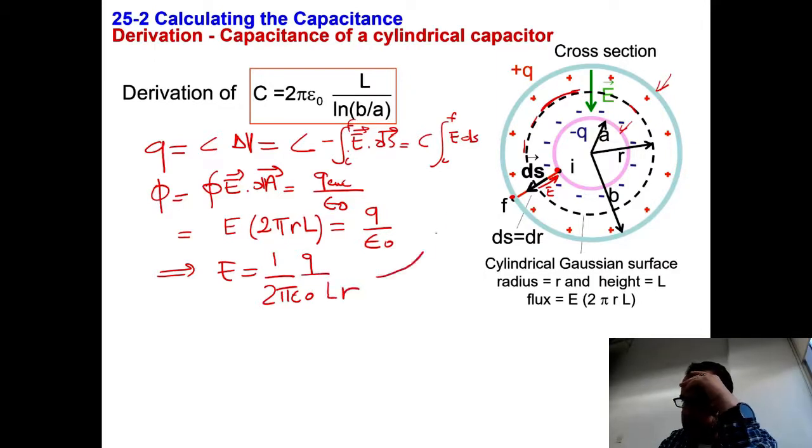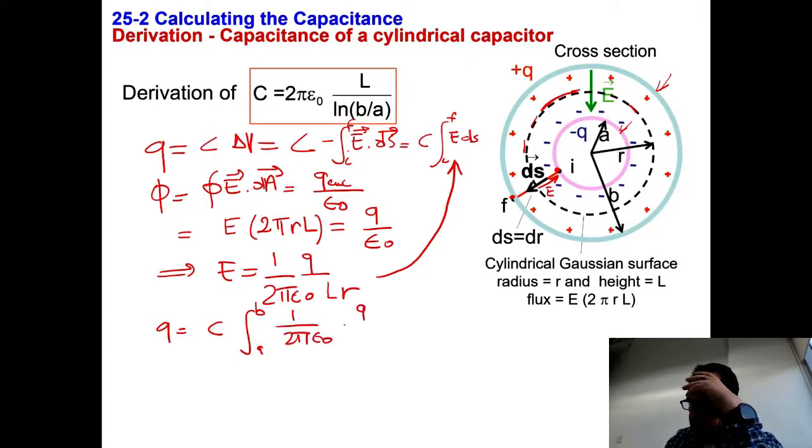So let's replace this in this equation here, and we get Q is equal to C times the integral. Now we replace ds by dr, and we are going from A to B, 1 over 2 pi epsilon 0 Q divided by L r dr.